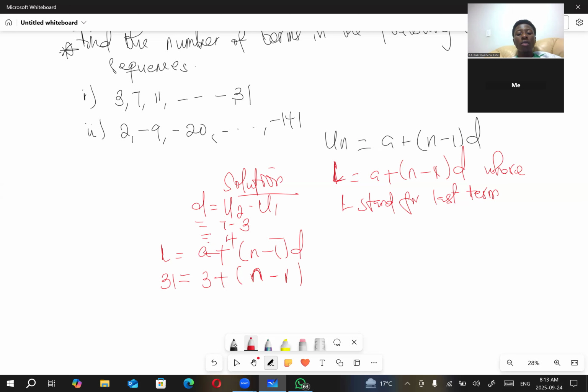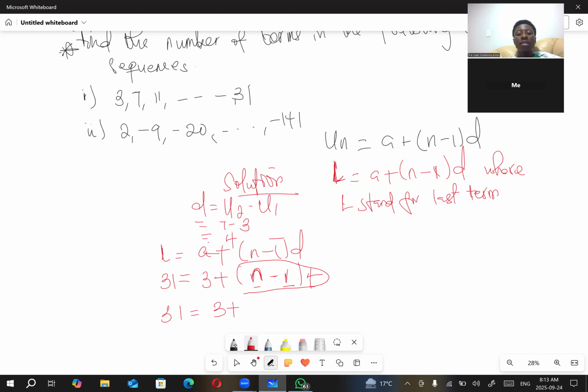Then now I can go on. So d is 4. So you have 31 is equal to 3 plus 4 times (n minus 1). This is removing brackets in algebra, isn't it? The 4 will multiply every value inside the bracket.